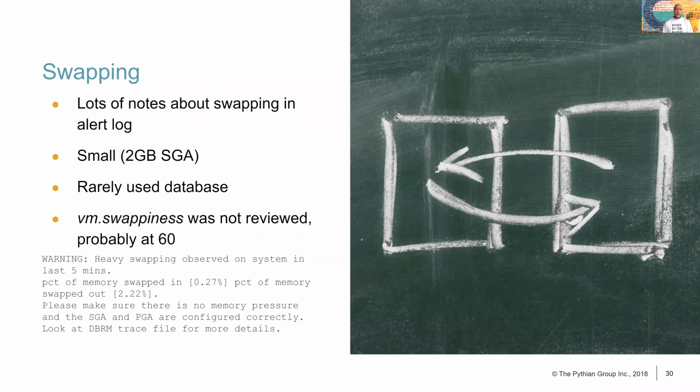There is this vm.swappiness kernel parameter, which we didn't review at the moment, but by the time and the version, it was probably set at 60, which is pretty high, given that the recommendation is to set it to 1 or 0, which means, sir, don't swap memory to disk, this is a database. I don't want its memory pages to go to disk at all. But in any case, we were getting lots of alarms that the system was reporting heavy swapping.